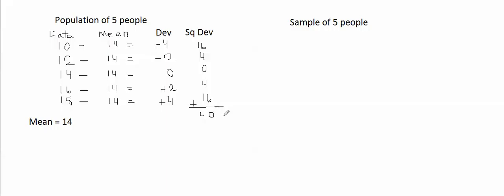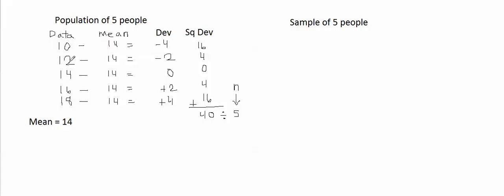And if it's a population, you divide by the number of squared deviations, which is 1, 2, 3, 4, 5. This number that we're dividing by is called n. It's the number of squared deviations, and it's also the number of people, because remember how each person has his or her own squared deviations.